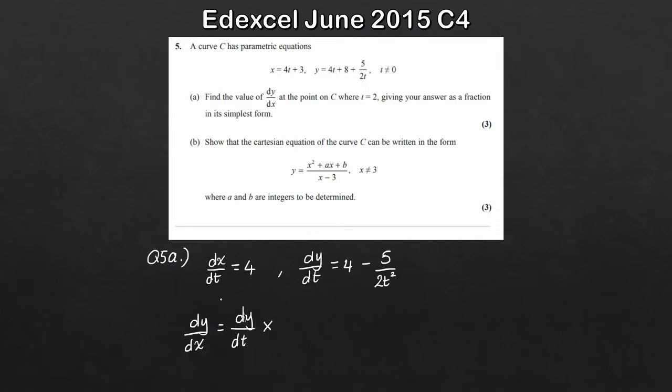Notice this is dx over dt, but if I flip this, the dt's would cancel and I get dy over dx. Just a standard result here.